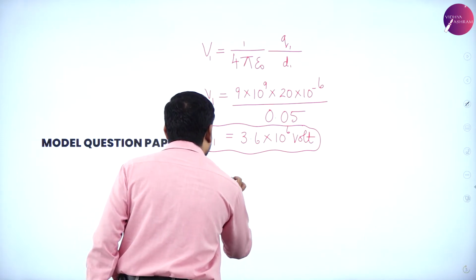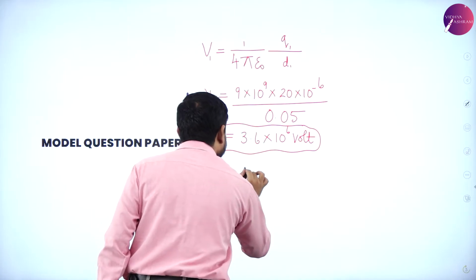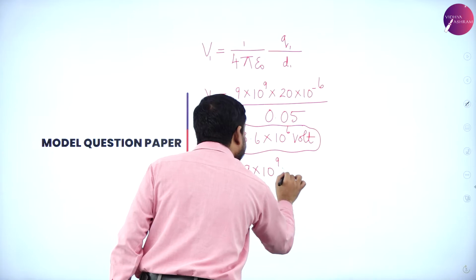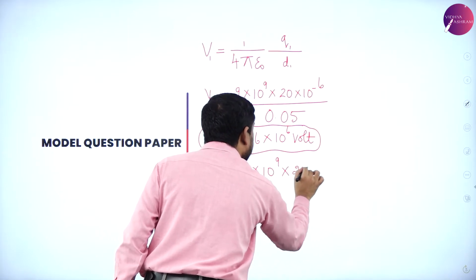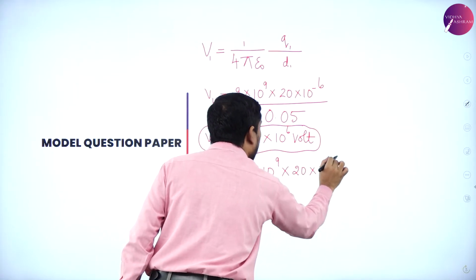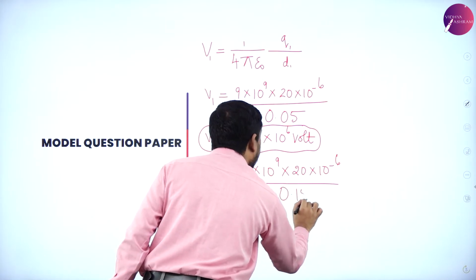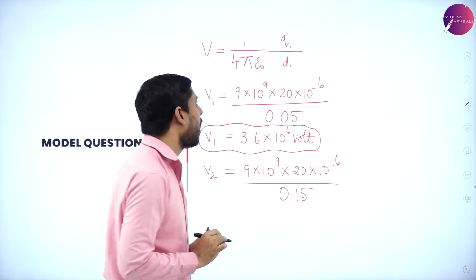Similarly V2, again the same formula. Again the charge is 20 into 10 power minus 6, but the distance is now 0.15.